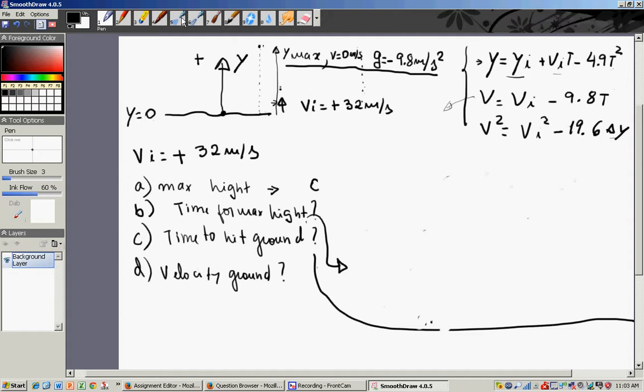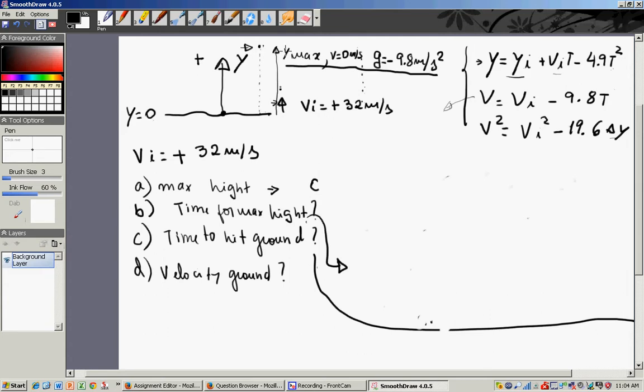Alright, let's go back. So to find the time that it takes the ball to reach the ground, there are two ways of doing it. In fact, there are several ways. Well, I'm thinking about two now. One is this. Let me assume that now my initial situation is up here, right?